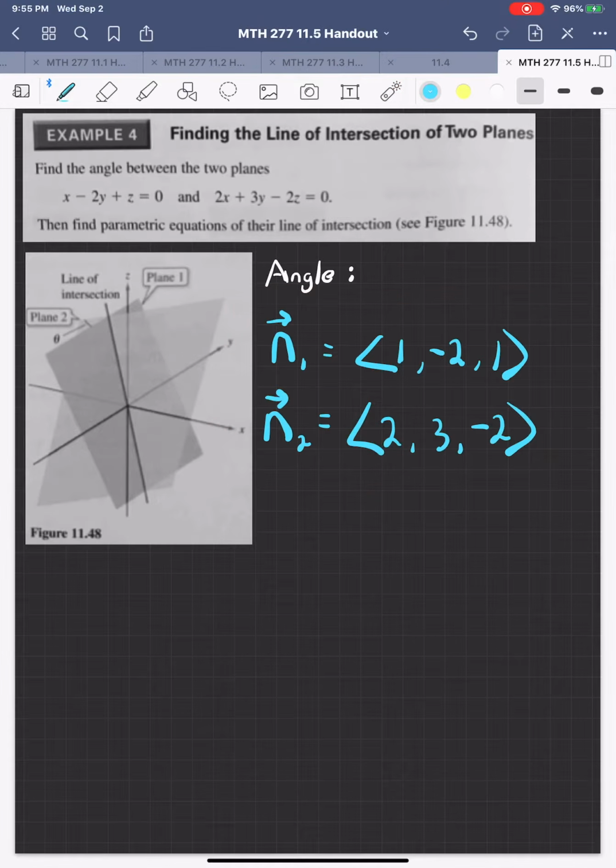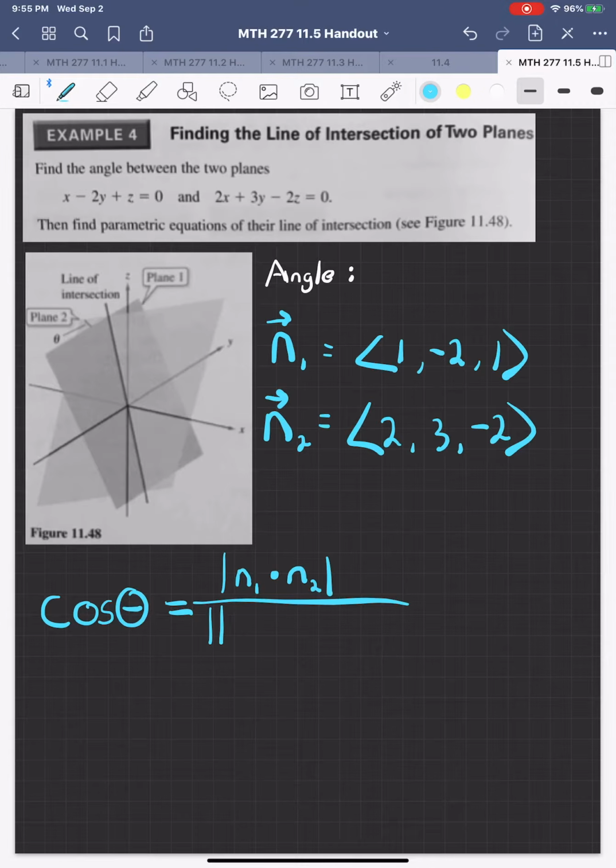Now that I'm here, let's just go ahead and use that formula that's on the previous page. In that formula, if you want cosine of theta, the angle between those two planes, we're going to take the dot product of those two normal vectors, and we're going to divide that dot product by the product of their magnitudes.